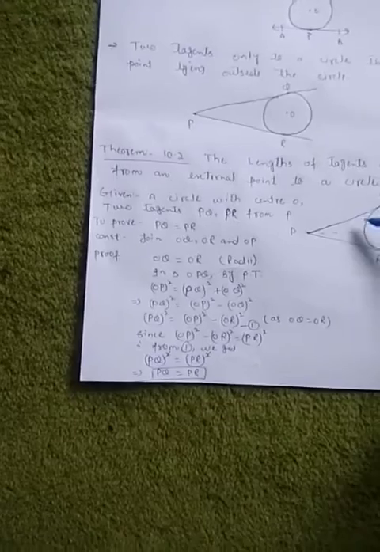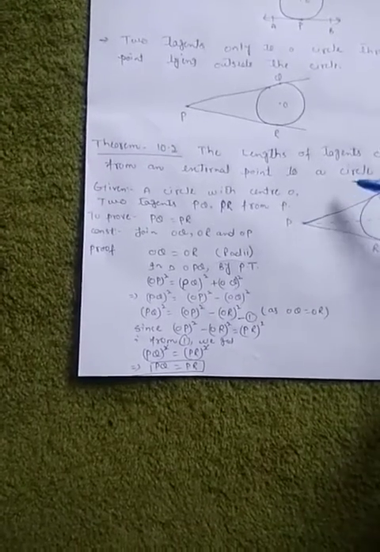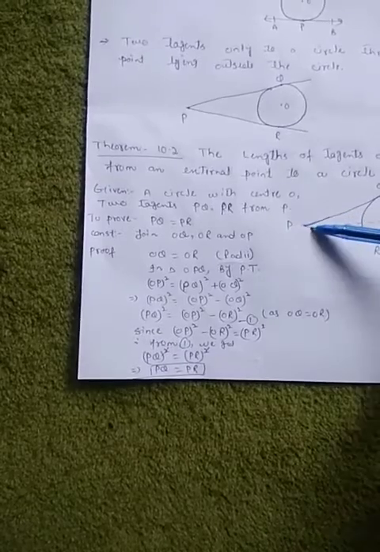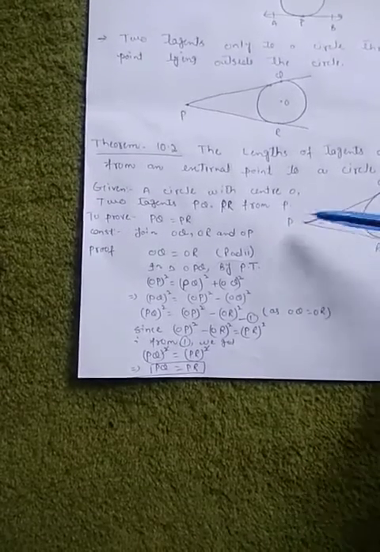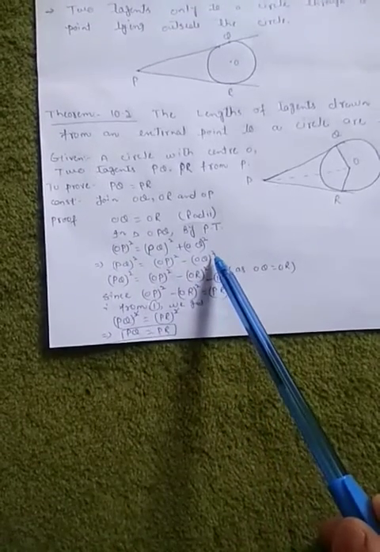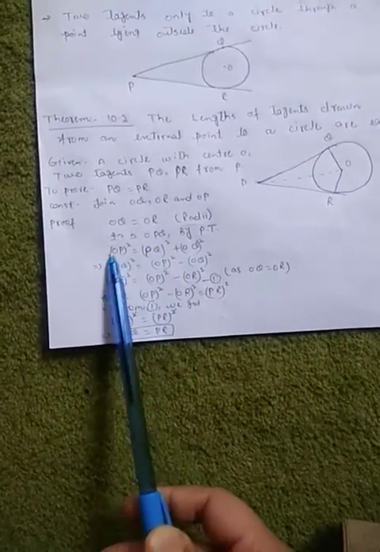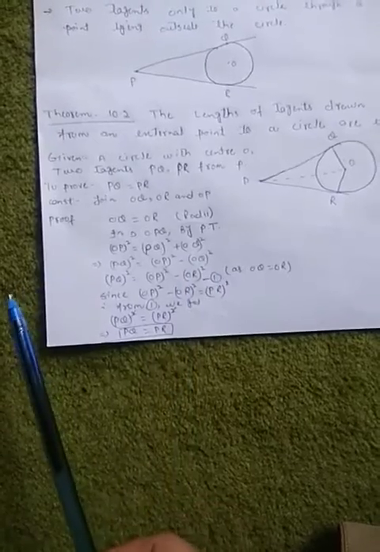Now, by using Pythagoras theorem in triangle OPQ, here OP is hypotenuse, OQ is perpendicular, PQ is base. Here I have written OP square is equal to PQ square plus OQ square. And by taking OQ square to this side, we get PQ square is equal to OP square minus OQ square.